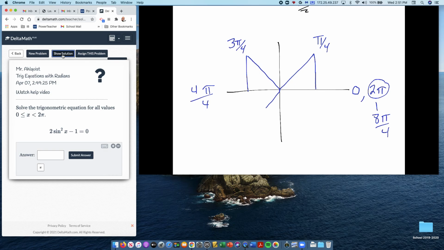We know if we draw it in the third quadrant down here, that's 5 pi over 4. And we know if we draw that pi over 4 angle in the fourth quadrant, that's 7 pi over 4. So we end up with all of these answers.